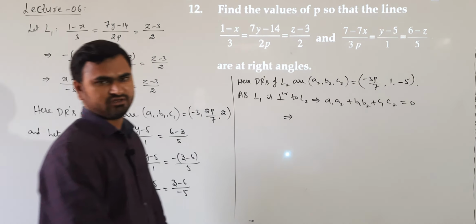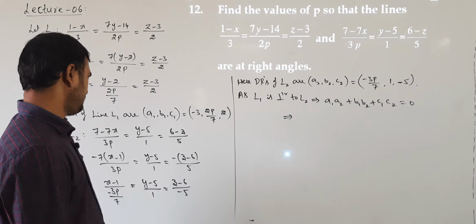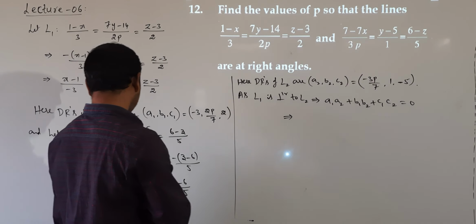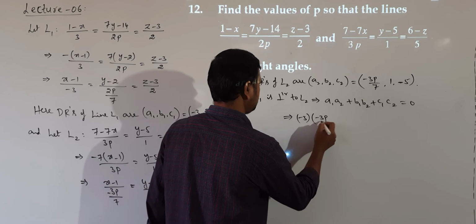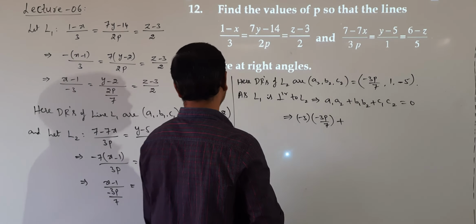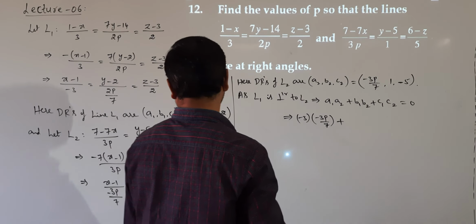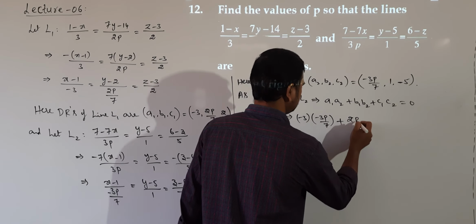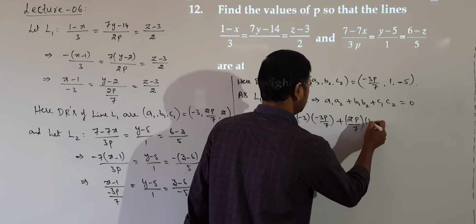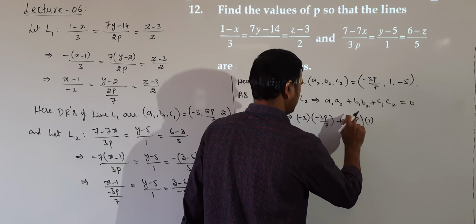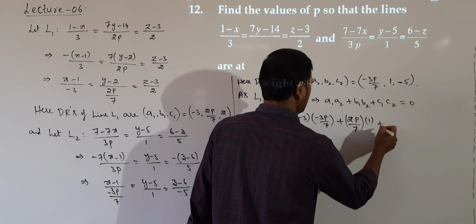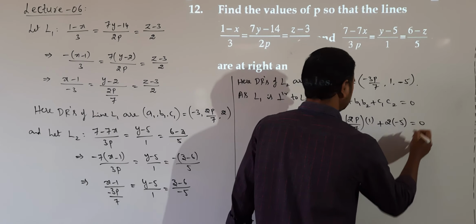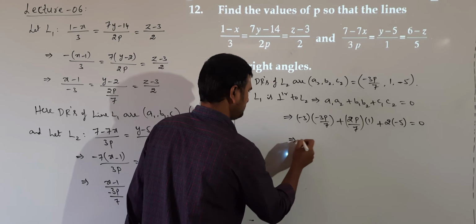Solving this, we will find the value of P. a1 a2 is minus 3 into minus 3p by 7, plus b1 b2, 2p by 7 into 1, plus c1 c2, which is 2 into minus 5, is equal to 0.